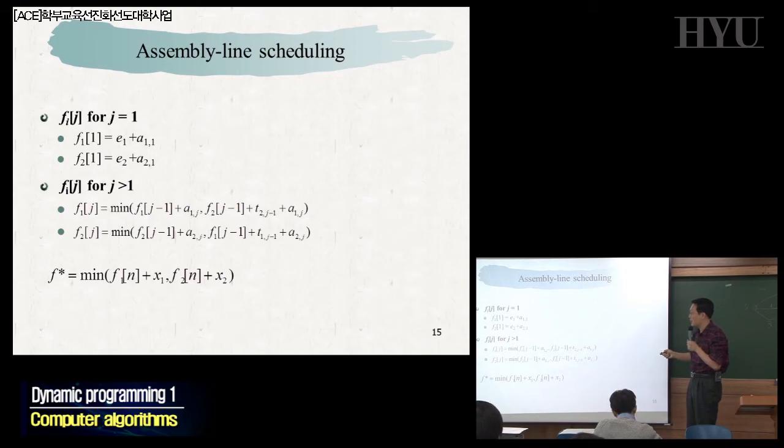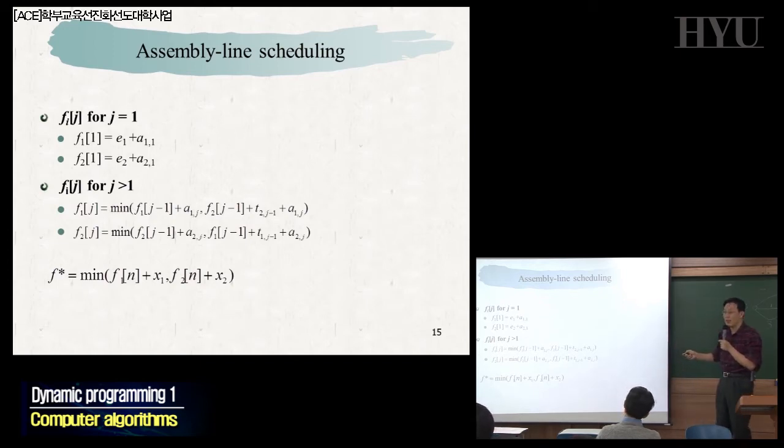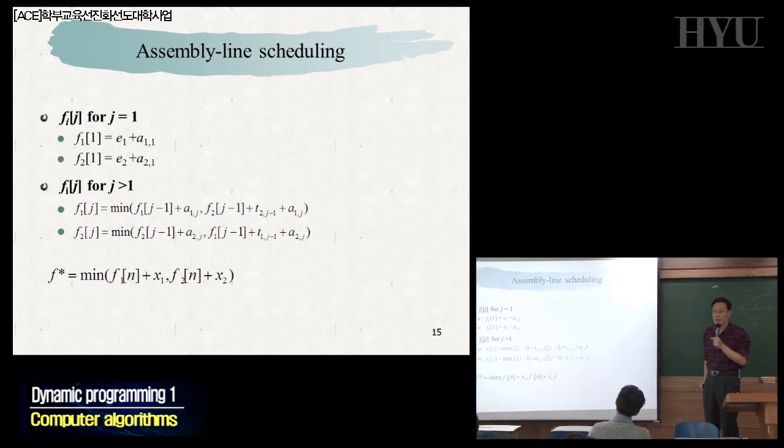Then using these values, this is the station in assembly line 1. If the semi-assembled car is from the same assembly line, we just add the working time at station j. But if it is from the other line, we have to add the transfer time.